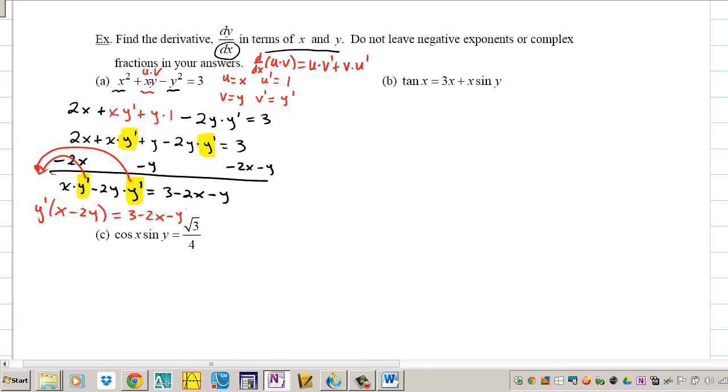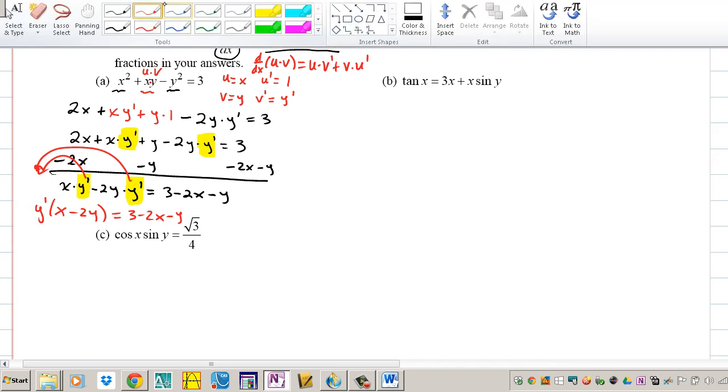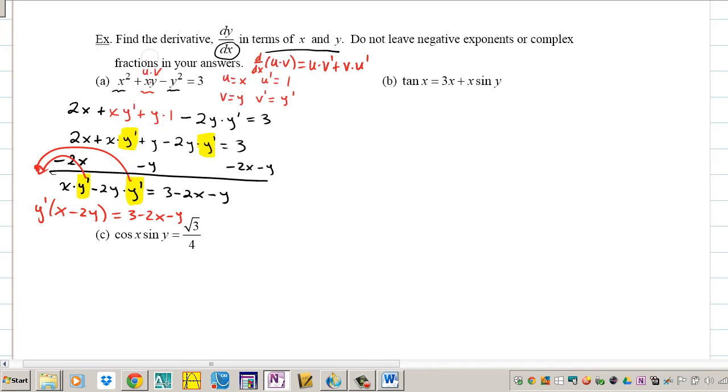Now I can divide both sides by x minus 2y, so that my final answer for this problem is y prime is equal to 3 minus 2x minus y, all over x minus 2y, and this is my derivative.